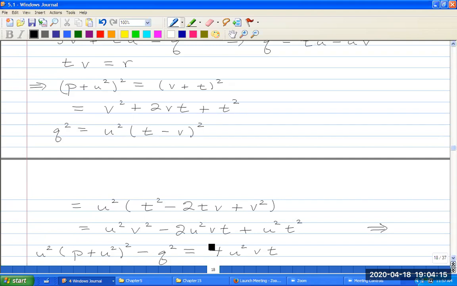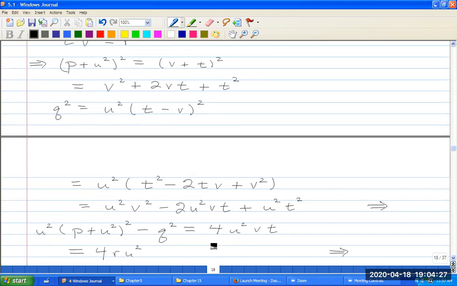Okay, so if you bring this to this side, that's equal to this. So I get u squared times p plus u squared, squared, minus this q squared.